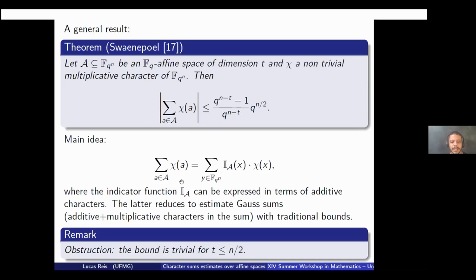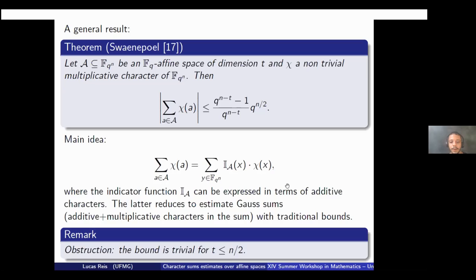And so the main idea here goes back to what I said before about indicator functions. The author just considered that this sum can be rewritten as this one, right? So I'm just summing over the elements of A, so I just plug in the indicator function of A. And actually the indicator function of A can be expressed by means of additive characters of finite fields.